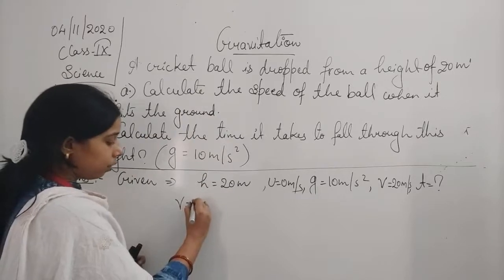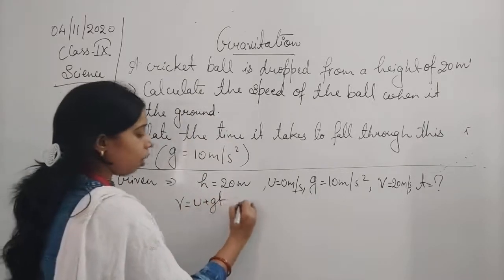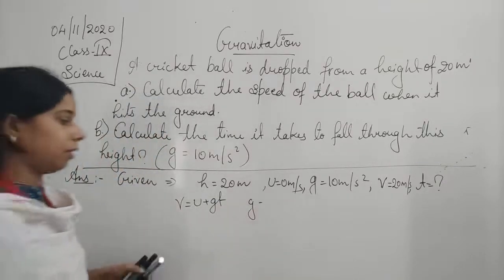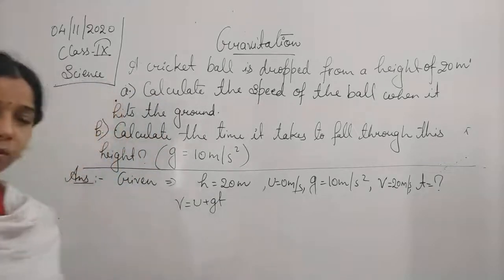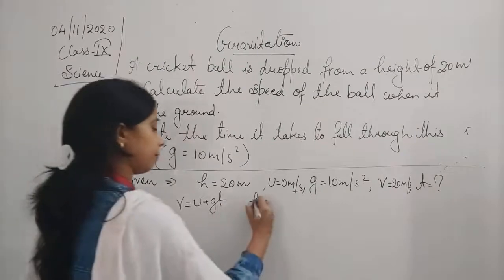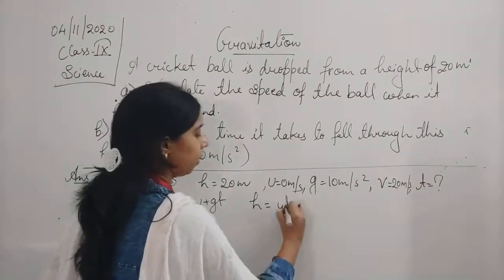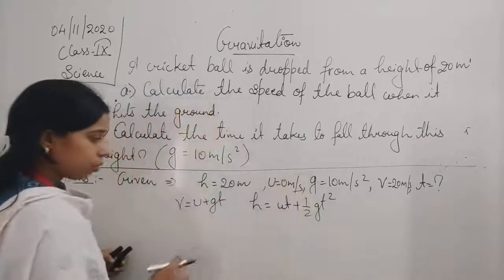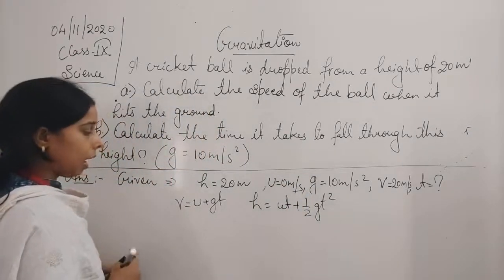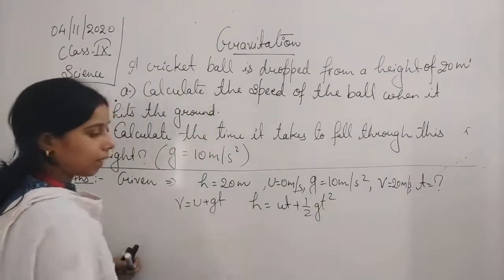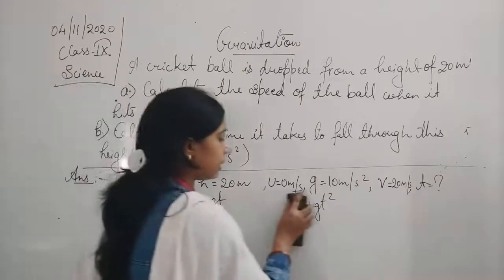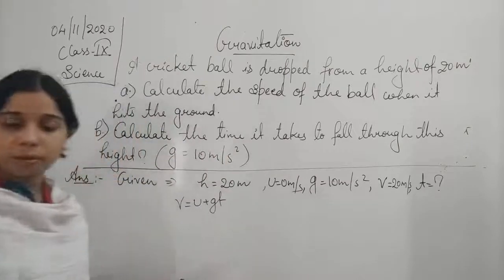Either we can use v is equal to u plus gt, or h is equal to ut plus half gt squared, right? You can use any of the methods, and all the values are given here except t. So better we use the first one, that will be easier than the second.